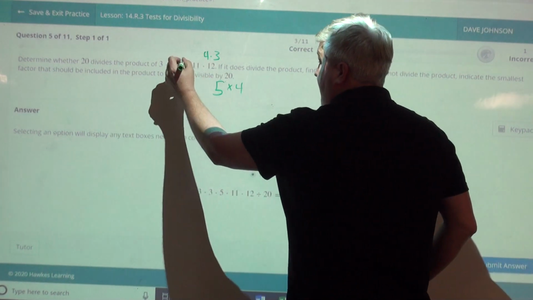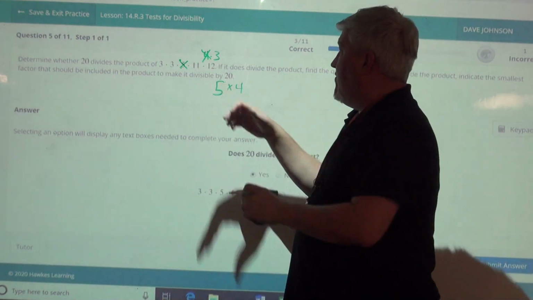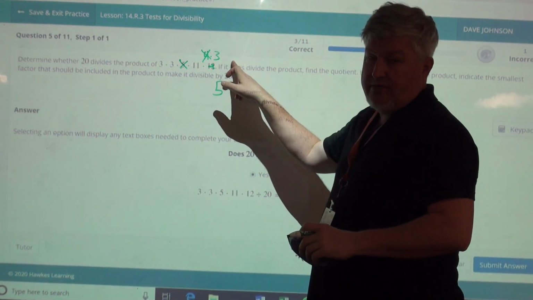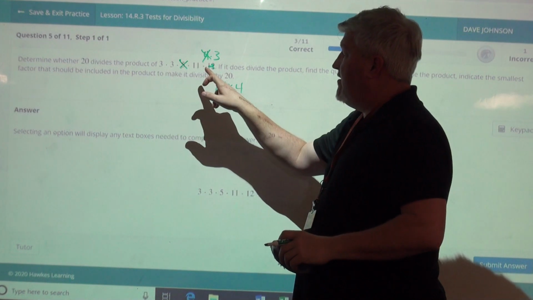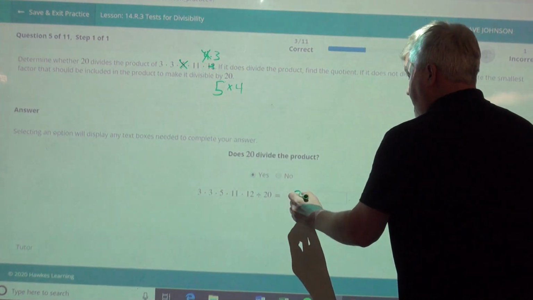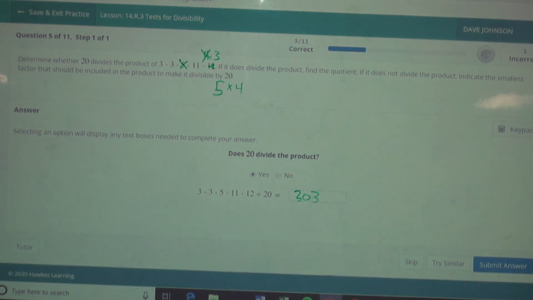5 times 4, I can cross out 5, and I can cross out 4. And now I have 3 times 3 times 11 times 3, which is 27 times 3, which is 303. If I did the math right in my head, and I may not have, let me see, 307 is the answer.